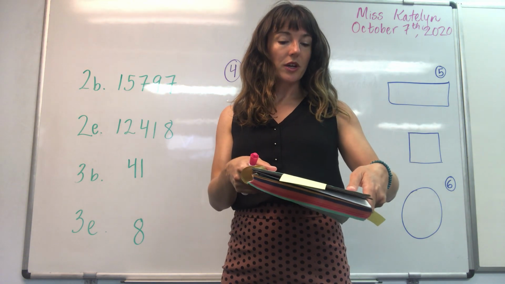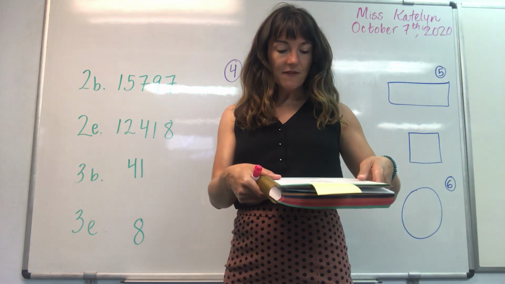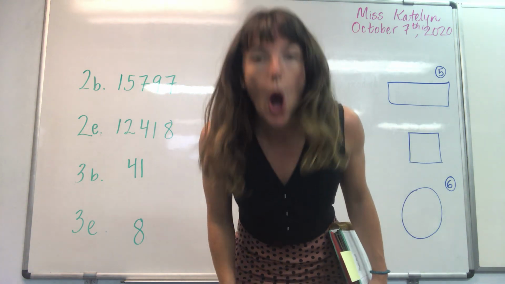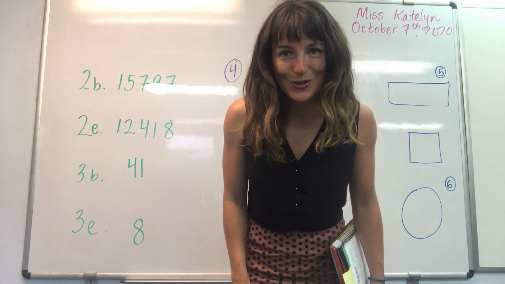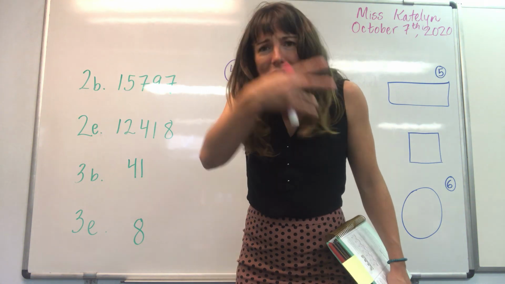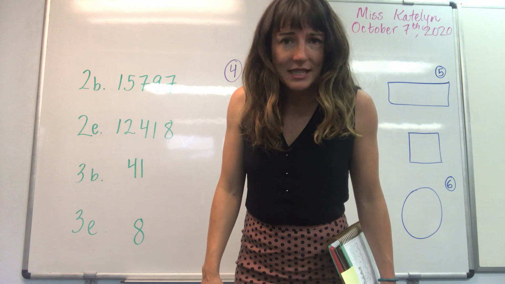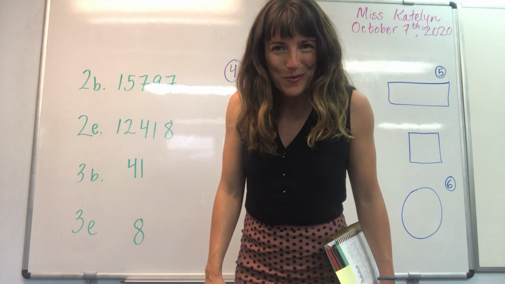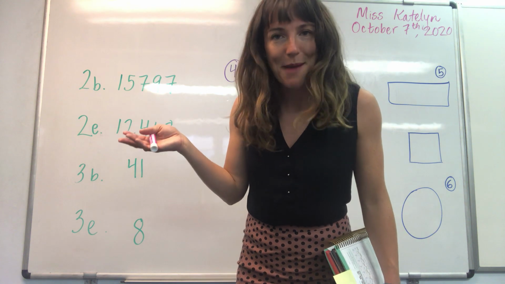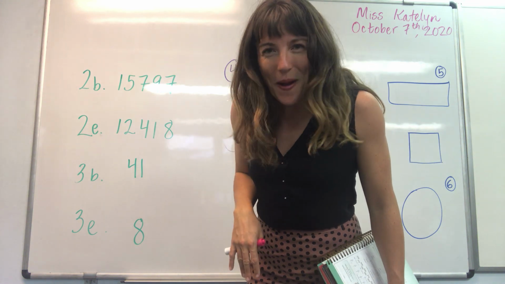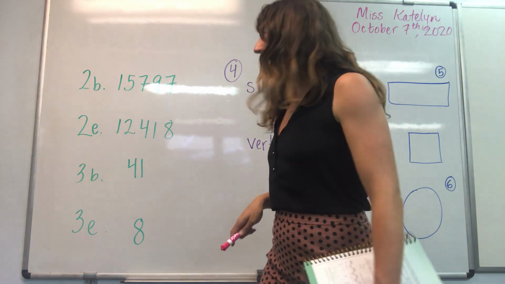Section 1 is your homework, 2A, C, D, F and 3A, C, D, F are your homework after this video. So when I get a glimpse of your math book at any point after this, those should be completed. Now, we don't know when that's going to happen, but we'll get there when we get there, right, chickadees?